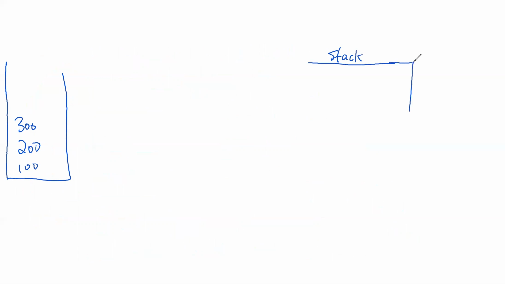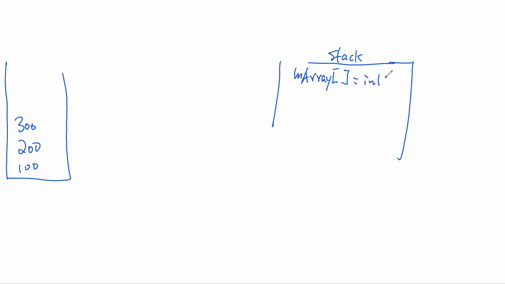Over here, you have the stack, where we have 100, 200, 300. And for our stack class, we have that array, the instance variable array, where the size is 5 and the type is integer.